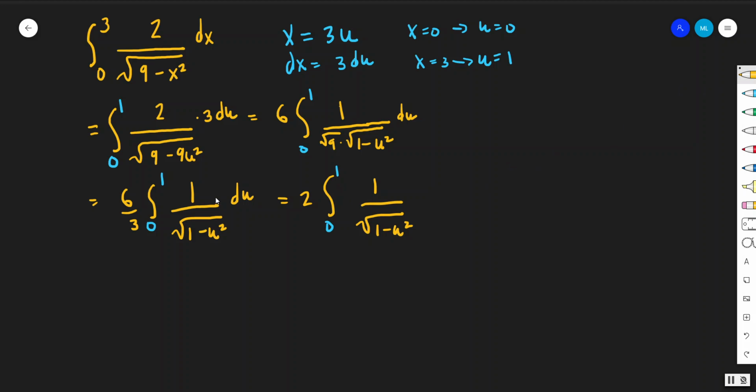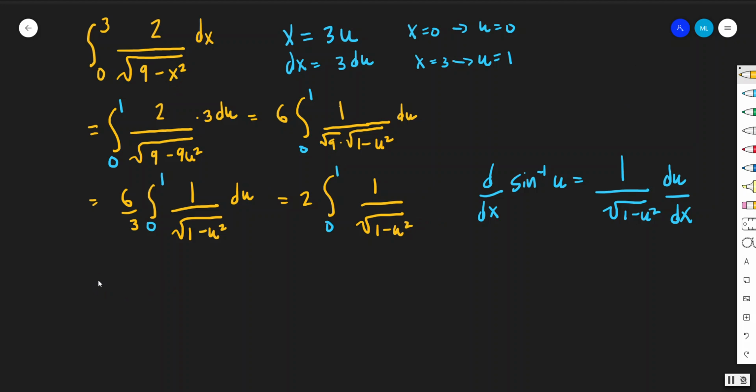Now, what that does to the integral is the following. Recall that the derivative of sine inverse of u is equal to 1 divided by the square root of 1 minus u squared times du dx. So essentially, I just needed to rewrite the integral in a way that I can say, okay, that's just inverse sine.